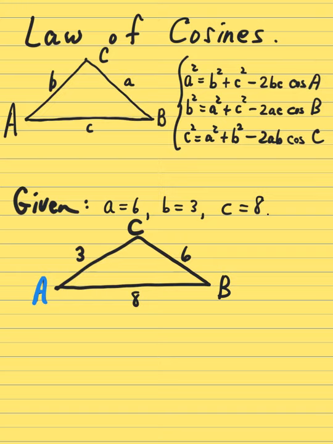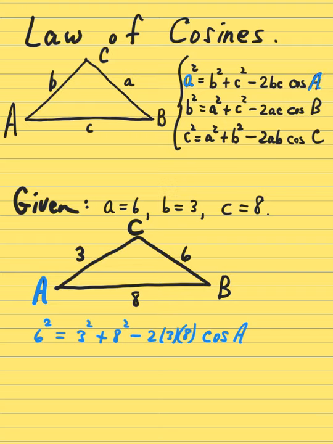So we're going to see, when we set this up, it's going to be 6 squared equals 3 squared plus 8 squared minus 2 times 3 times 8 times cosine of A. If it helps to remember, up here in your formulas, whatever letter is on the far side of the equation, its opposing angle will be at the other end.